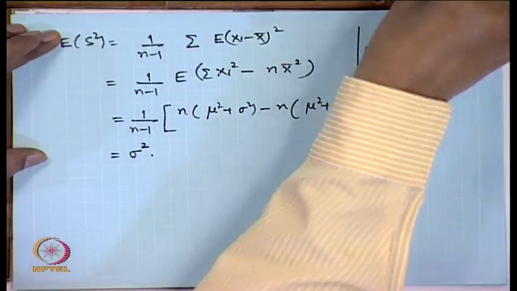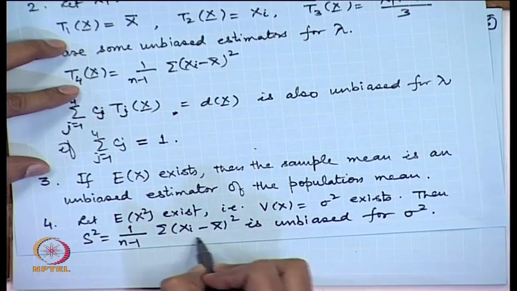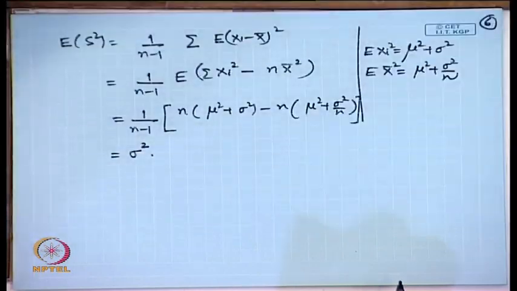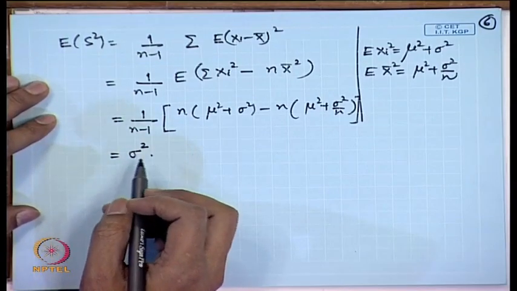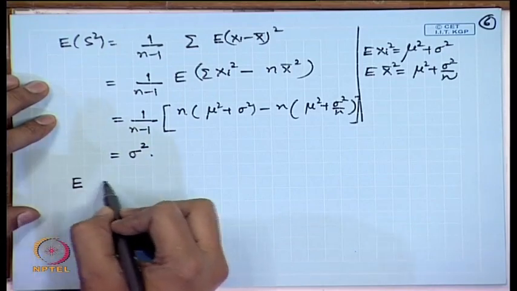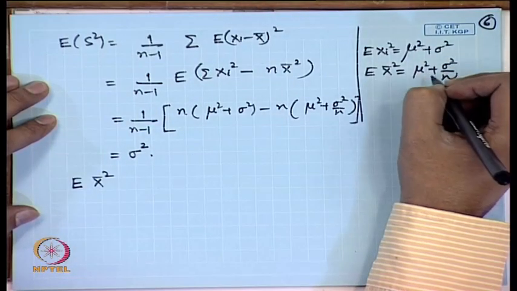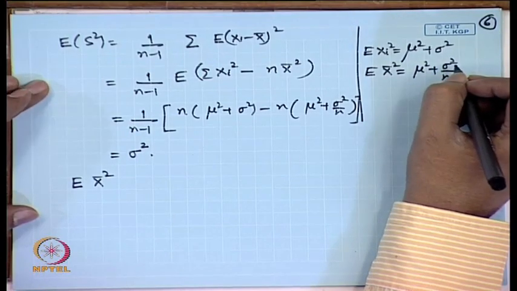So, this quantity that we have defined here, 1 by n minus 1 sigma (x_i minus x bar) whole square, is termed the sample variance, because this is an unbiased estimator for the population variance. We may also notice here, suppose I want to estimate mu square. I have already obtained an unbiased estimator for sigma square, and an unbiased estimator for mu is available to us.